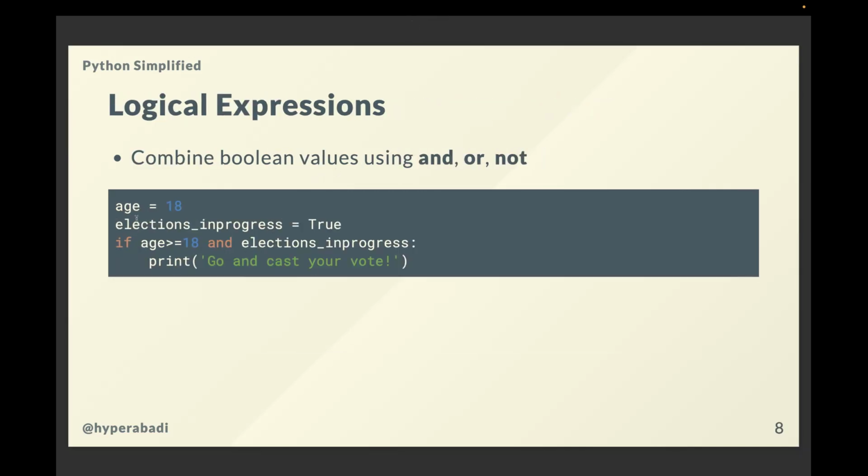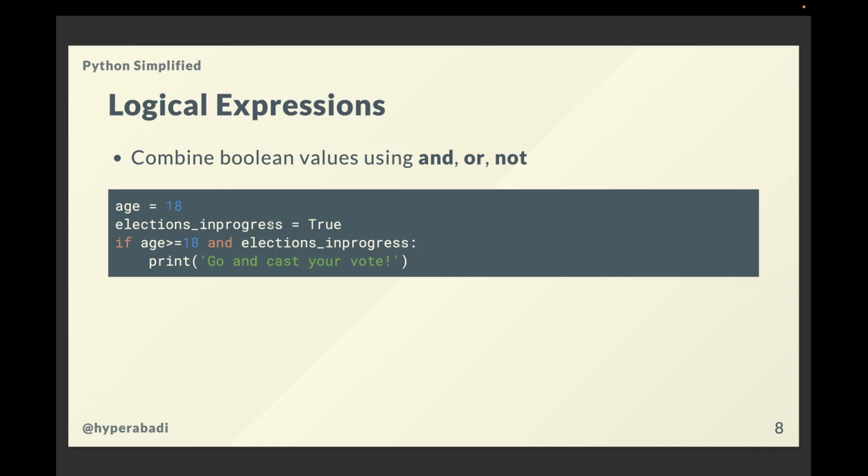So here I am saying age is equal to 18 and elections_in_progress is equal to true. So you can write one statement: if age is greater than equal to 18 and elections_in_progress, two conditions have to be fulfilled. Then we say go and cast your vote.